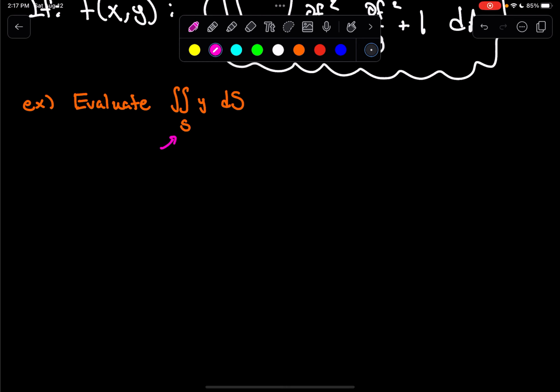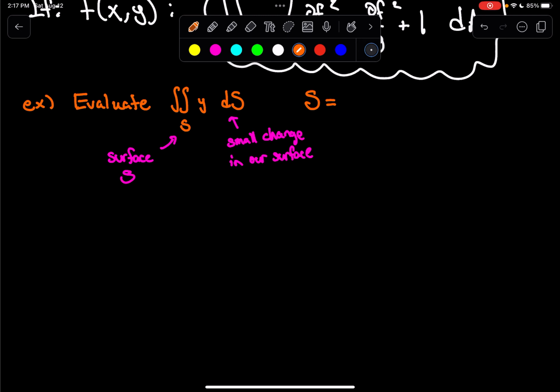This right here is our surface S, and this right here is our small change in our surface, which is essentially the stuff that I just pointed out before. So let's evaluate this surface integral. And we're going to say, let's let S be the surface.